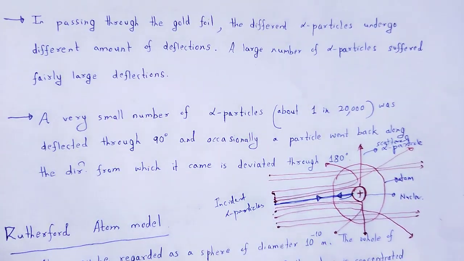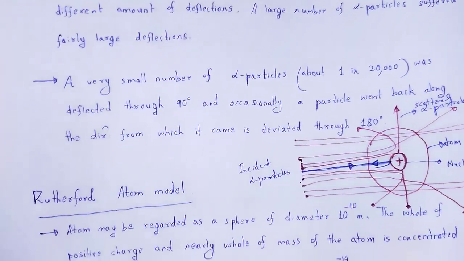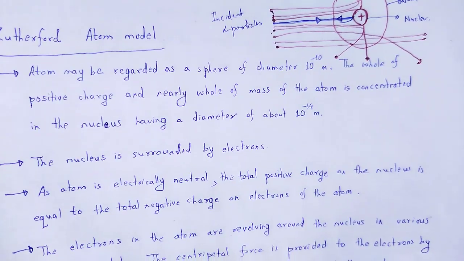These are the observations. By taking those observations, he concluded the atomic model that was named the Rutherford atomic model.